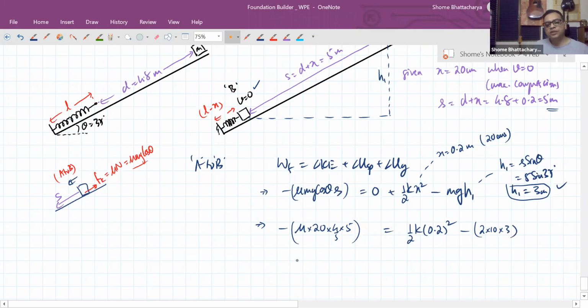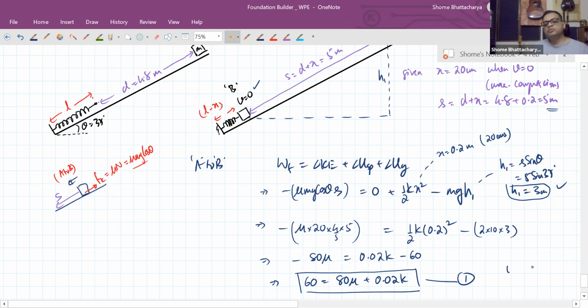So we are getting this relation, that minus of 80 mu is equal to 0.02 k minus 60, or 60 is equal to 80 mu plus 0.02 k. That's our first equation. This equation we are getting from work energy theorem for the motion from A to B, which I've shown above. Okay, so make a note of this first.